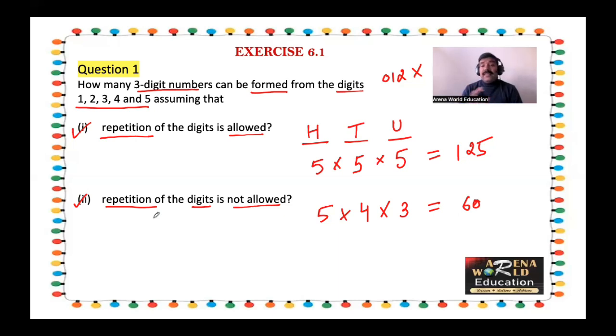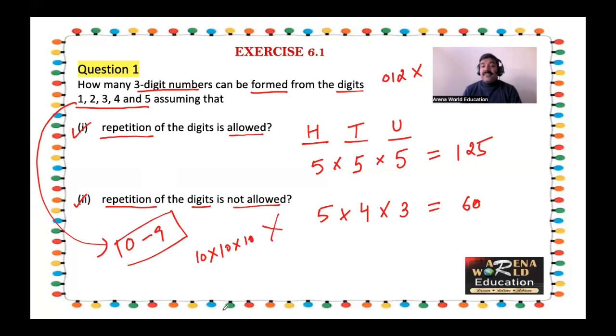I hope everybody is clear. This is a very easy question, but the majority of students get confused when the numbers are non-zero, or when you simply have to make a three-digit number and the digits are 0 to 9. Then if you simply write 10 into 10 into 10, that will be wrong.